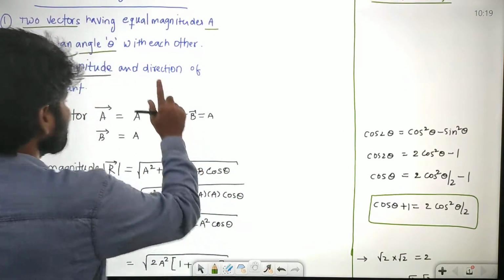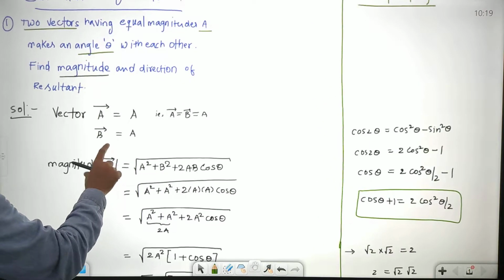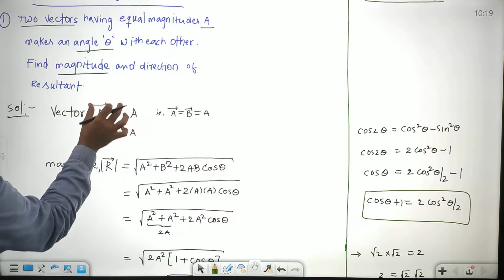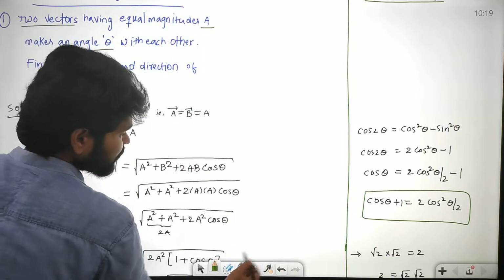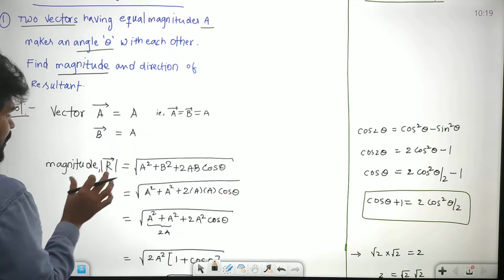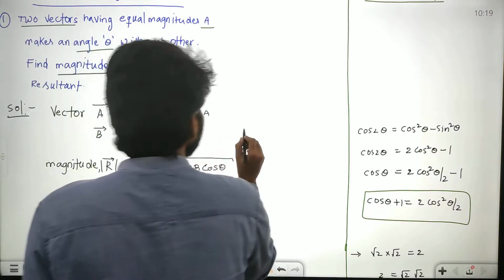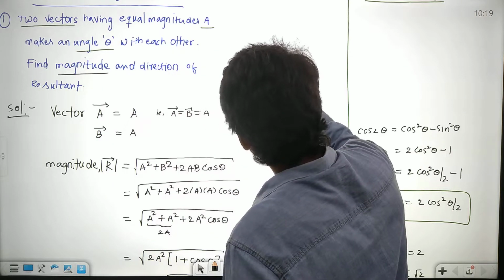This is the given question. The magnitudes of the two vectors are the same. Now I take the magnitudes. What does this mean?